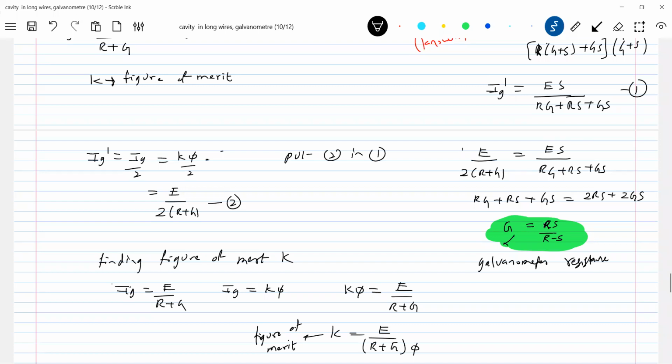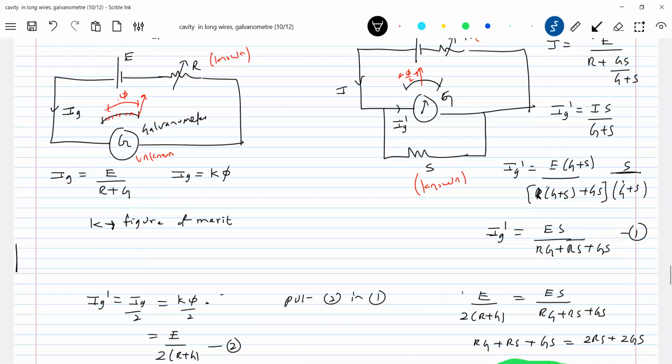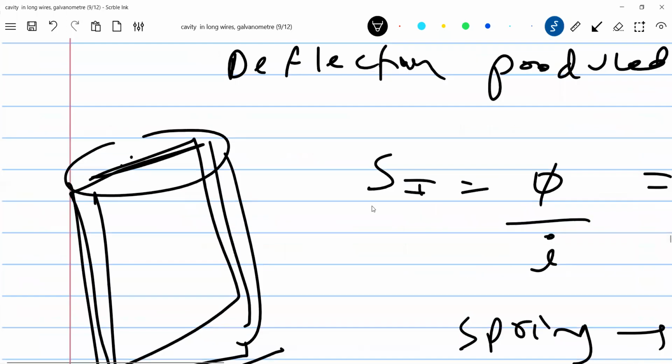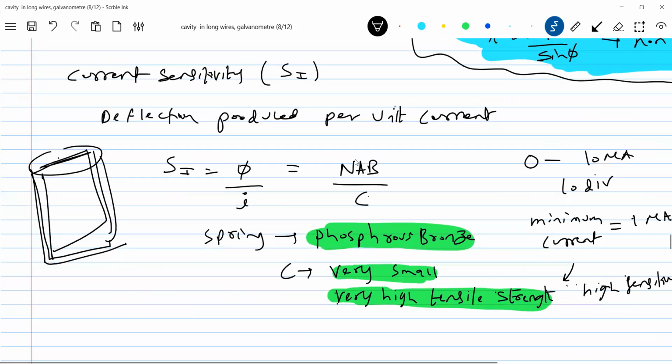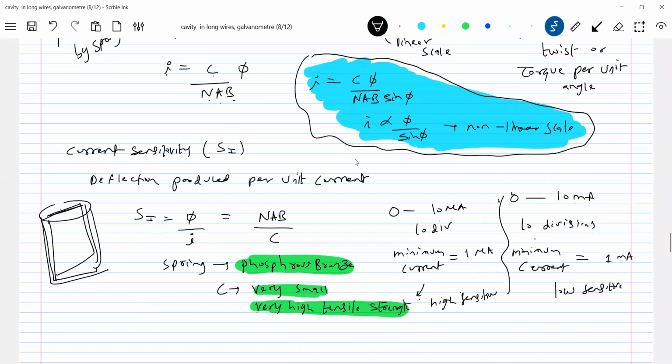What is the use of the figure of merit again? What should this figure of merit be equal to? You have to go back, and this entire figure of merit you can write as C by NAB.